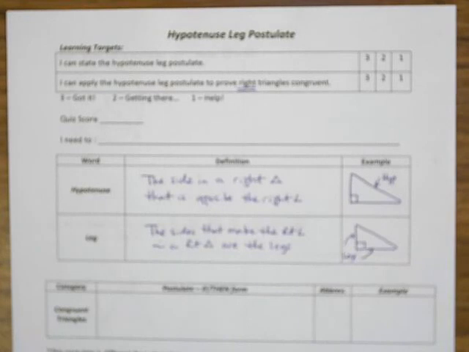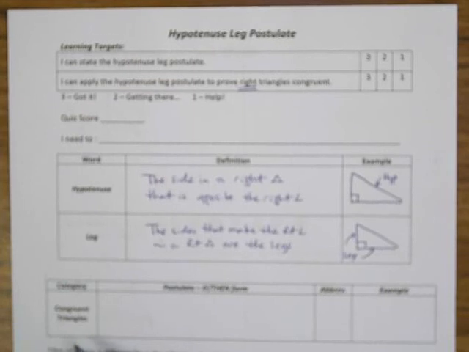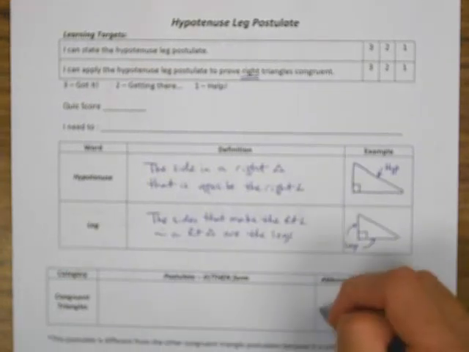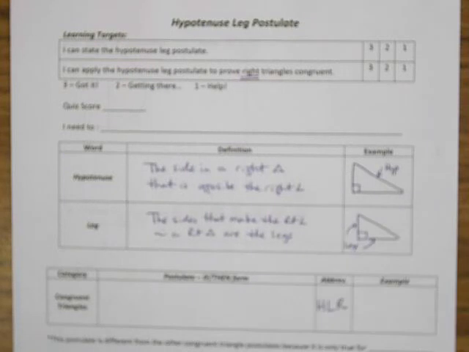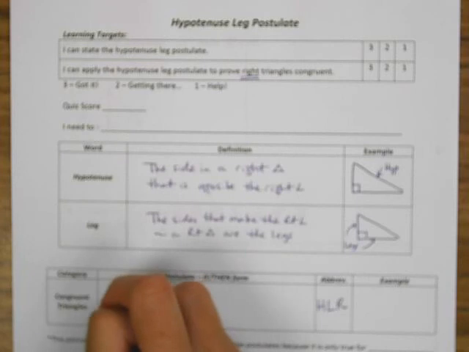All right. So this is another way to prove congruent triangles. Obviously, we're talking about right triangles. I'm going to give you a hint. I'm going to give you the abbreviation first. It's HL. And here's what it means.